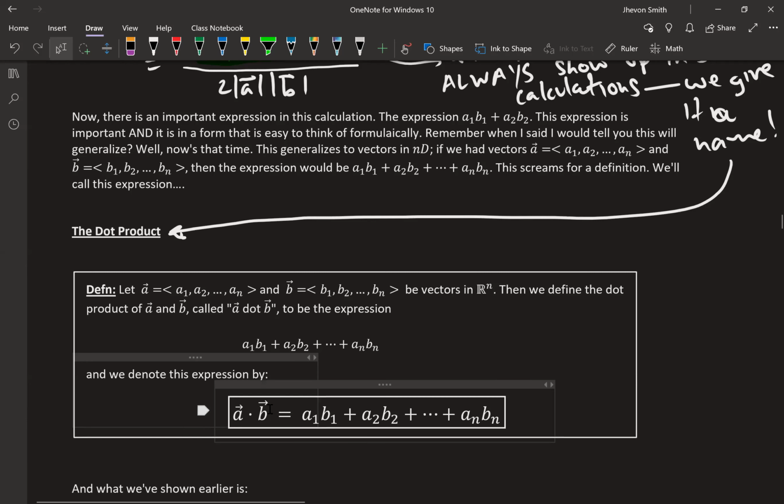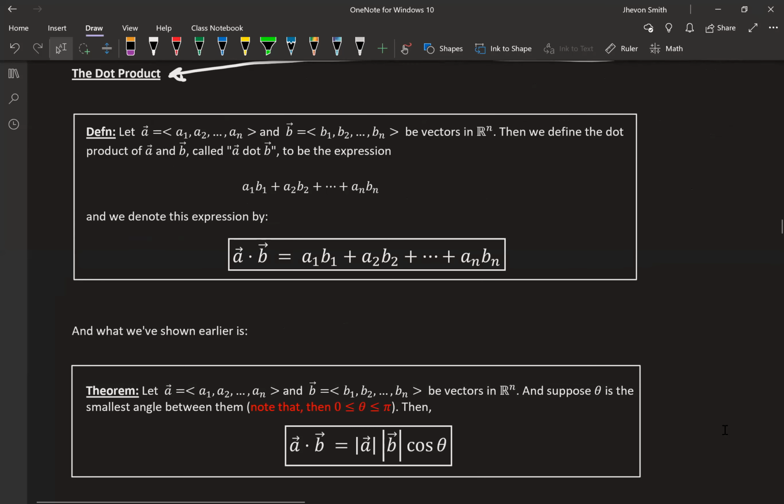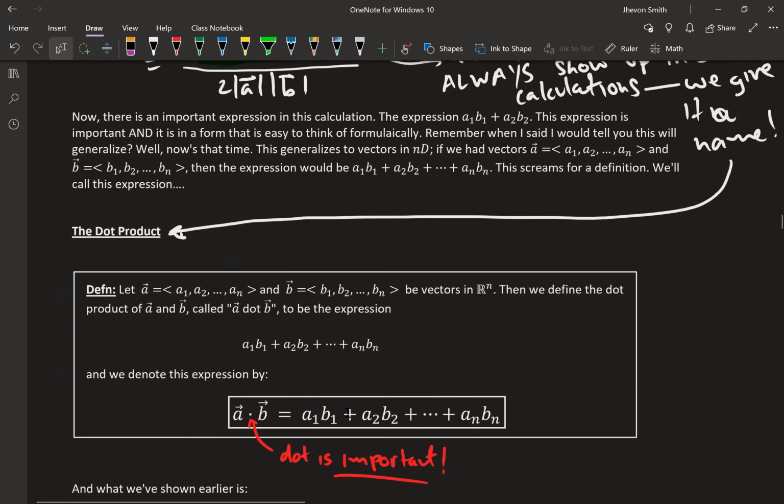And it is called the dot product because of the notation we use. We use a dot b. It's actually important to write the dot. Dot is importante. Okay, so that's called the dot product.